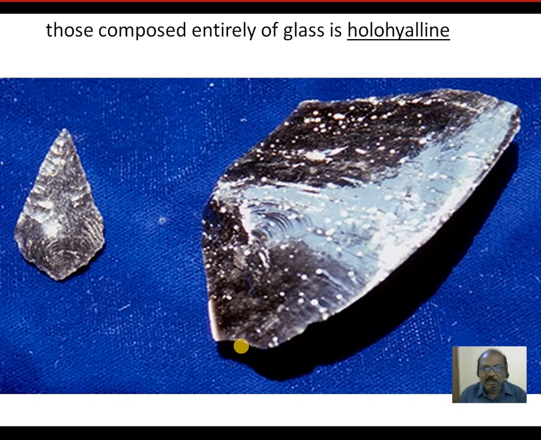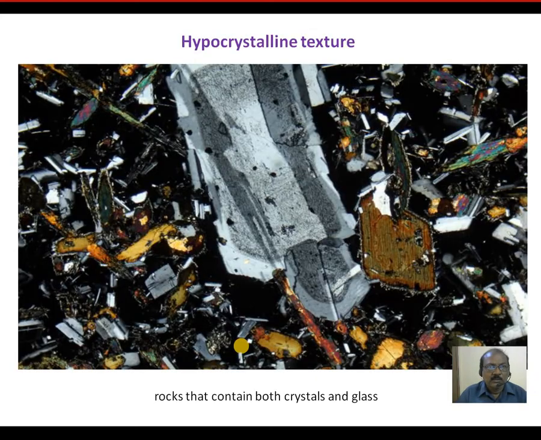There is no mineral at all, and hence we say the rock exhibits holohyaline texture. Hypocrystalline texture. The rock consists of mineral grains as well as glass. Both are exhibited by the rock, and hence the rock exhibits hypocrystalline texture.